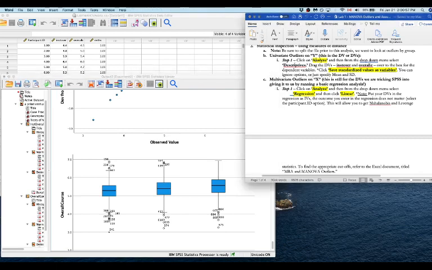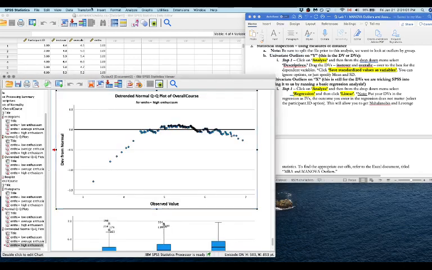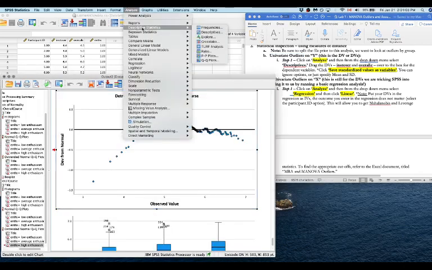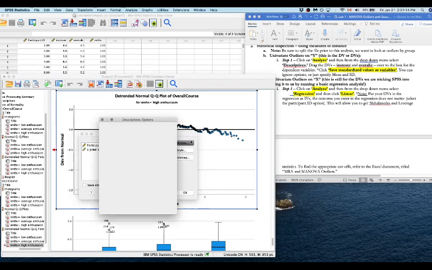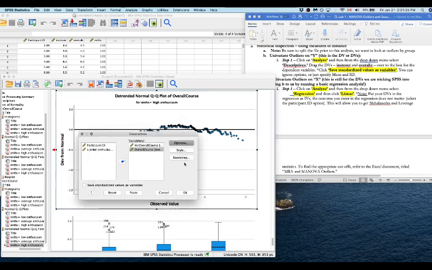Okay, so let's look at the univariate outliers first. Analyze, descriptives, just these two. Now I could get these, but I don't even want it because I already got it earlier. Okay, you can have the mean.